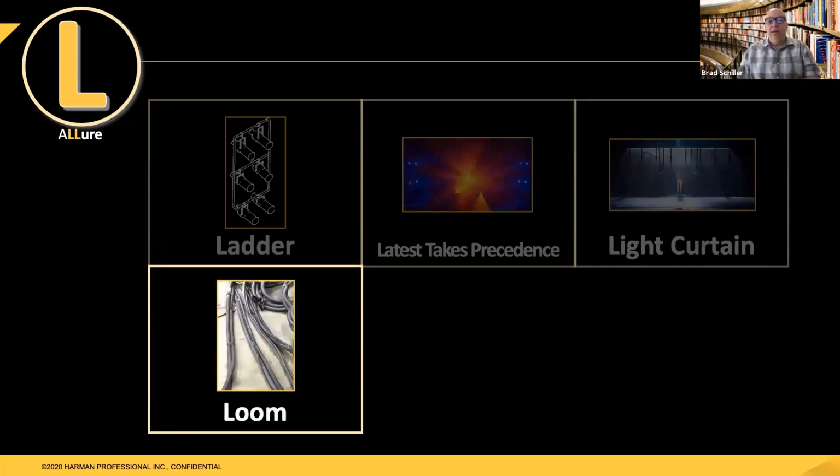A loom is something we use a lot in touring and sometimes in theater, but more often in touring type things. And it's a neatly organized bunch of cable. Typically, they're all tied together in some form, either with tape put around them or sometimes with some tie strings. But basically, if you know you need to run cables from one location to another, you'll create a loom.